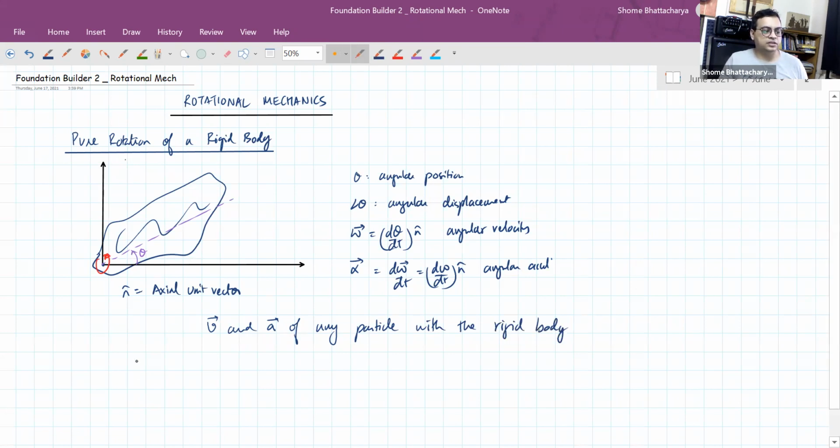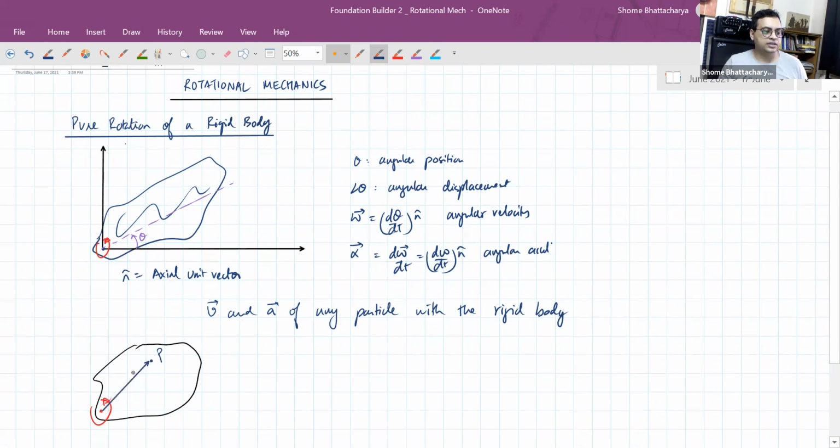So once again, within the rigid body, which is rotating about this axis, let's say, if we identify any particle like this particle P over here, then R is the position of that particle with respect to the axis of rotation.